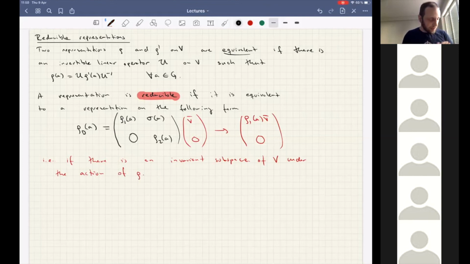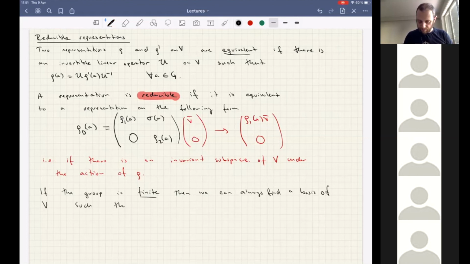Now, if the group is finite, then we can always find a basis of the vector space such that sigma is equal to 0, assuming that the representation is indeed reducible.